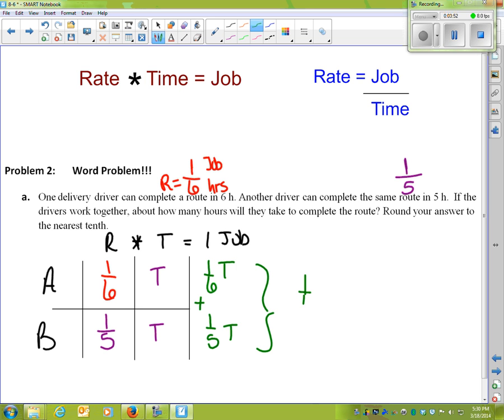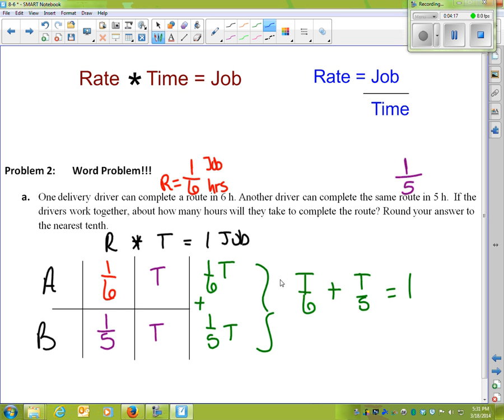So I have 1 over 6, or 1 times time, that's just t over 6, plus t over 5 is equal to 1 job. So let's add our 2 fractions. Let's get rid of that denominator. My common denominator, 6 times 5, is 30.